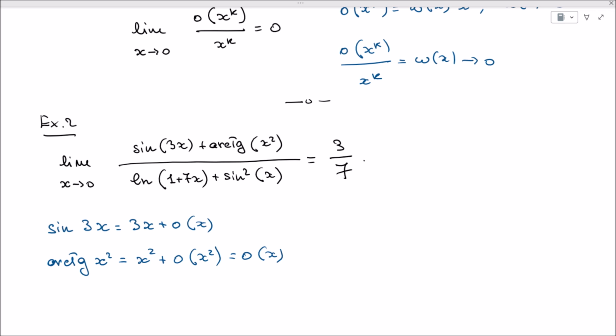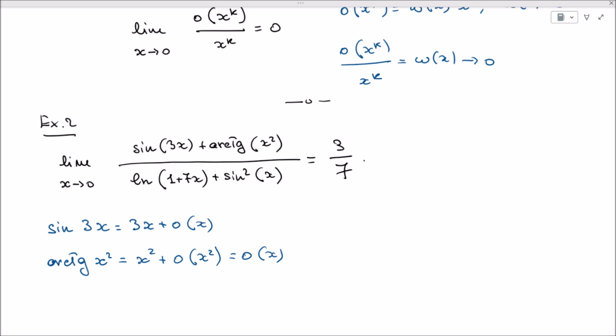At the denominator we have logarithm of 1 plus 7x, which is 7x plus little o of x, and then we have sine square of x.